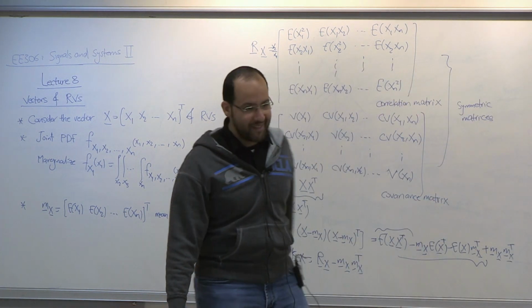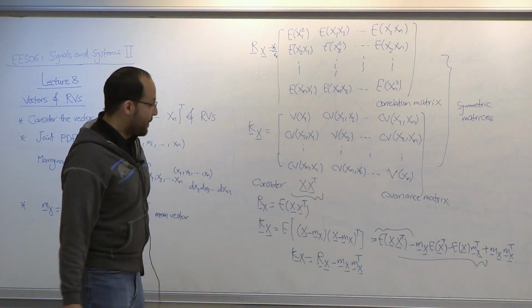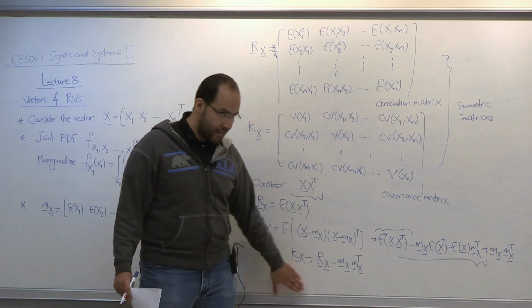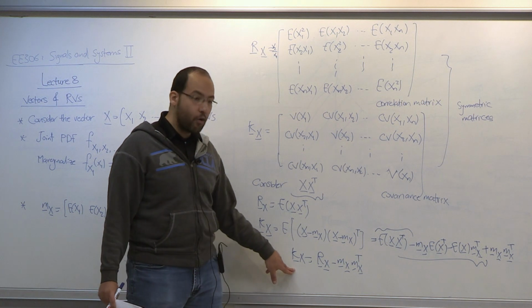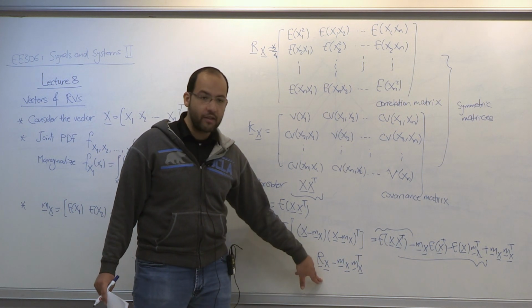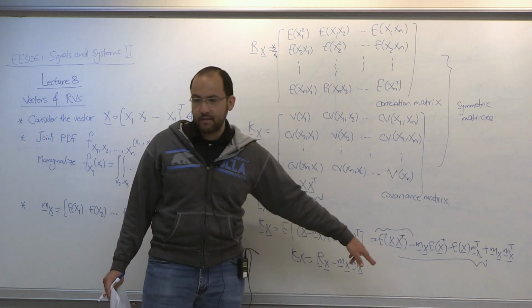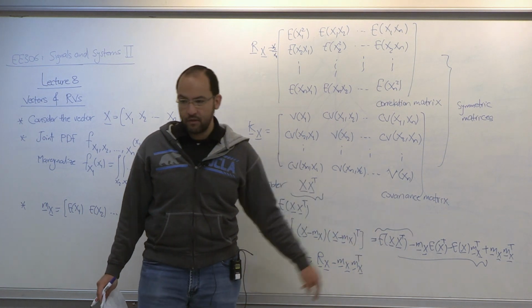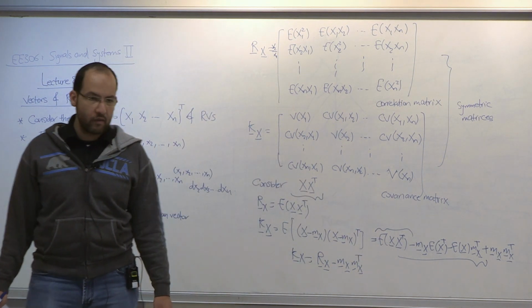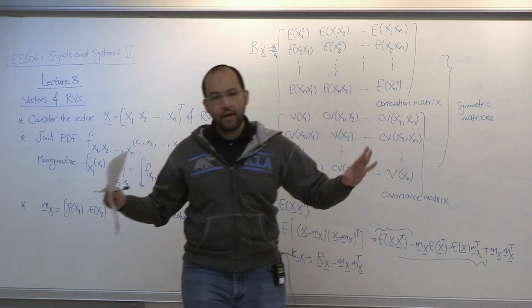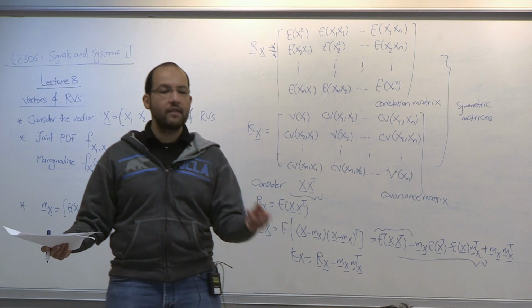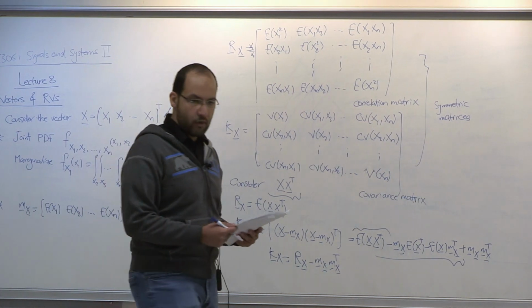Even for the variance, yeah, I could think about it this way. But here, in the context of covariance from correlation, you get the covariance of two random variables from the correlation of the two random variables by subtracting the expected value of X times the expected value of Y, right? So it's just a matrix form over multiple random variables of something we have already seen for two random variables, right?